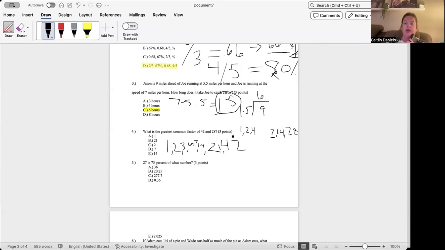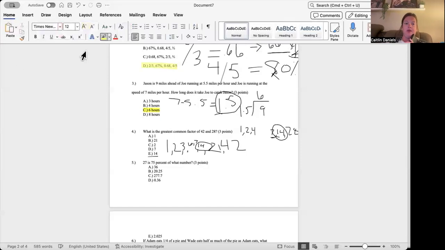So let's compare our number lists, and we have 14 over here, and we have 14 over here, which would be the greatest common factor that these numbers share, which is E. Let me highlight that.